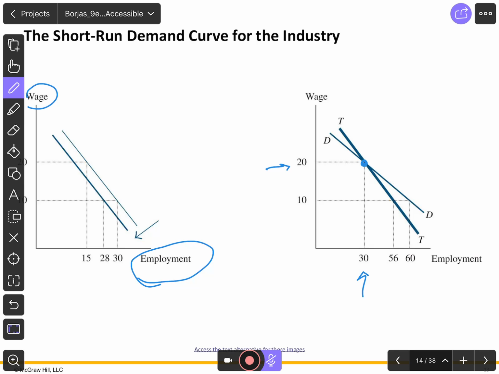What if the wage rate decreases? Then they are going to be hiring more workers, right? At this point, instead of 30, they're going to be hiring 60. So the change in the wage has an effect on the number of workers employed.